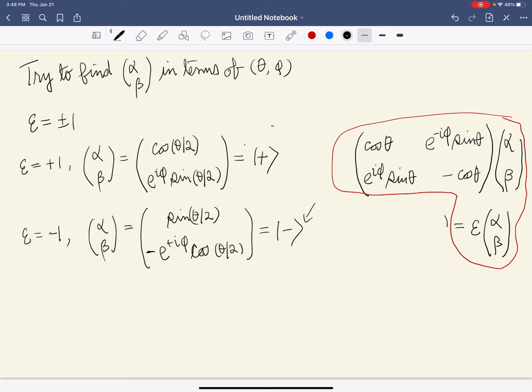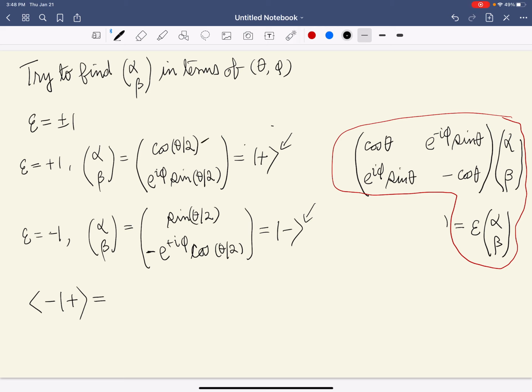Now, according to the theory of matrix diagonalization, these two eigenstates are going to be orthogonal to each other, which means that if I take the inner product of the minus eigenstate with the plus eigenstate, the result would have to be 0. Okay, so I'm going to check that.